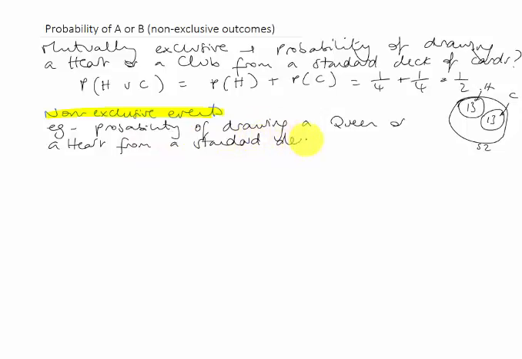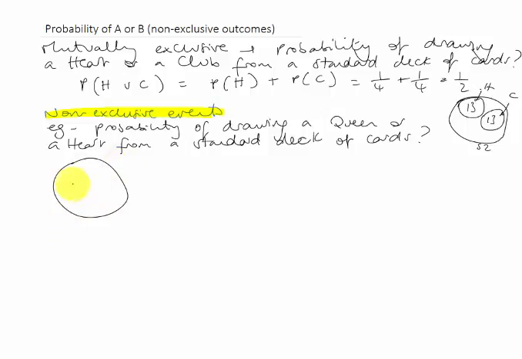In this case, the Queen of Hearts exists, so that's both a queen and a heart. So we need to take account of that when we're calculating. This is where the Venn diagram comes in really handy.